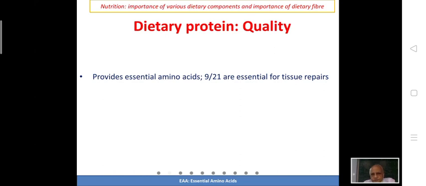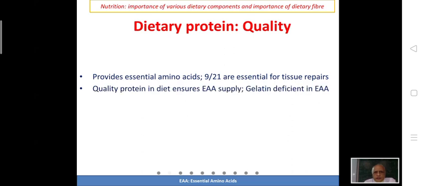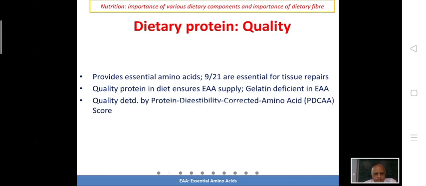So the quality of the protein should be such that it provides essential amino acids. And quality protein, as I said, ensures essential amino acid supply. Gelatin is a very common protein people use in the market or for commercial purposes, but that is deficient in essential amino acids. Please keep that in mind.